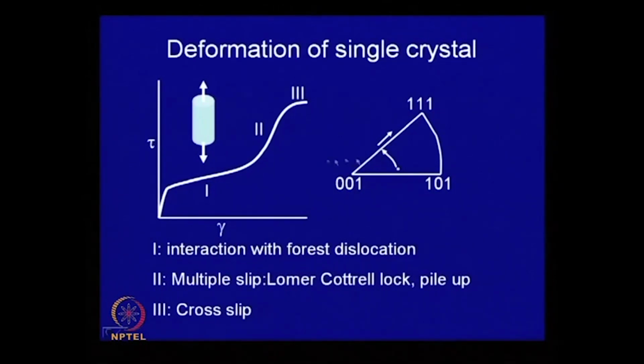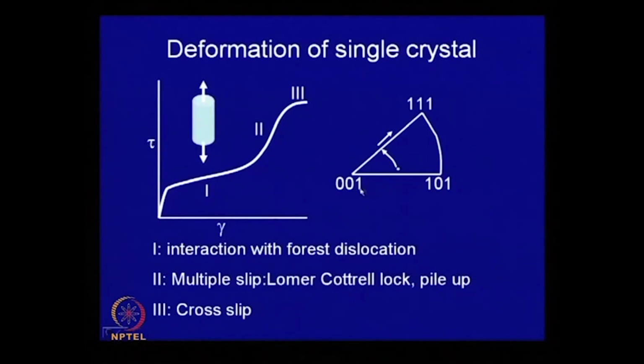It will also lead to the formation of dislocation pile-up, because it is quite likely that a dislocation moving on one slip plane will reach the boundary, which is a barrier, or will reach a Lomer-Cottrell lock, that is a barrier, and further movement is prevented. So, this is where you have severe strain hardening, and the main mechanism of strain hardening is formation of dislocation locks like the Lomer-Cottrell lock and dislocation pile-up.